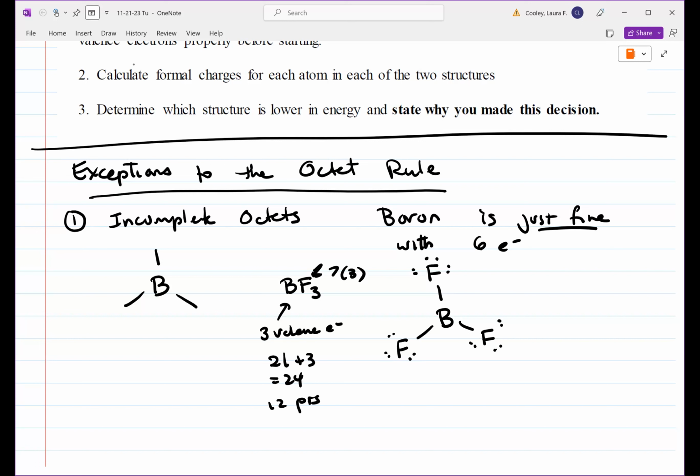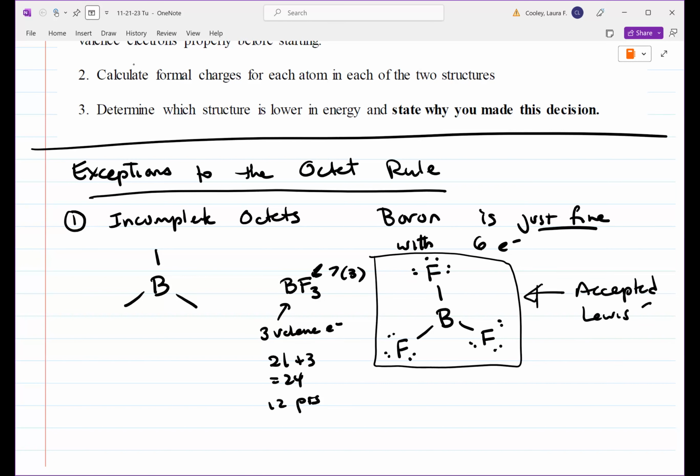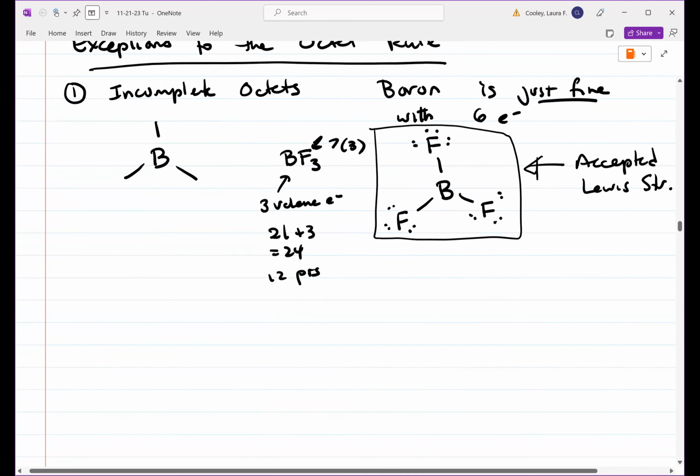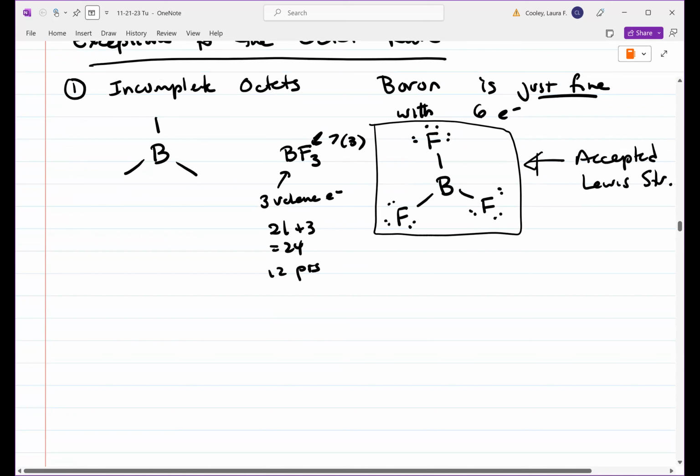There are no more electrons. And this is actually the final and accepted Lewis structure right here. So that's really all I have to say about incomplete octets. I'm not going to talk about beryllium. We don't study beryllium compounds in this class.